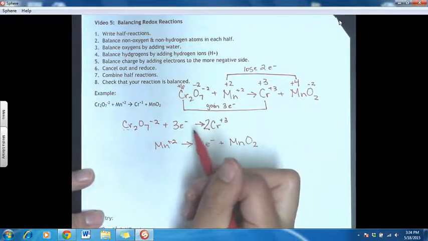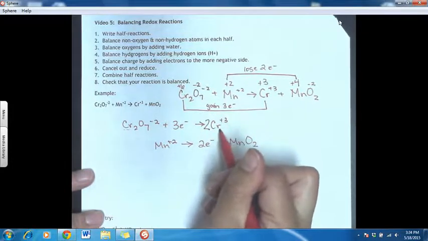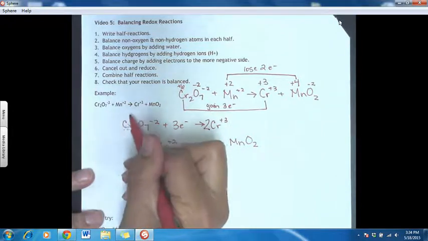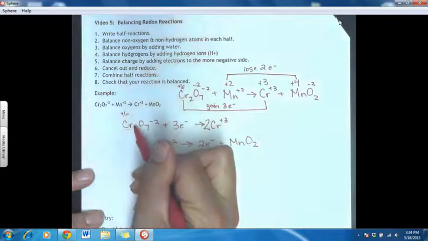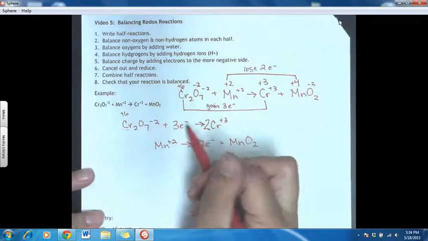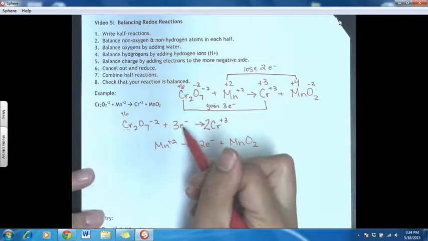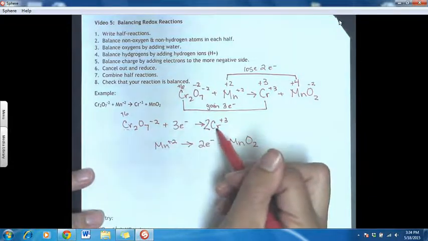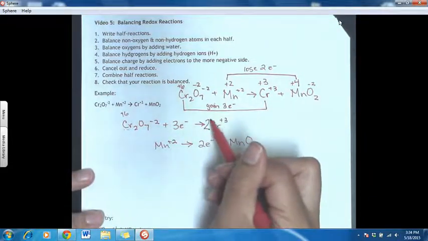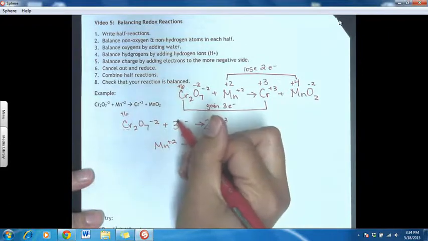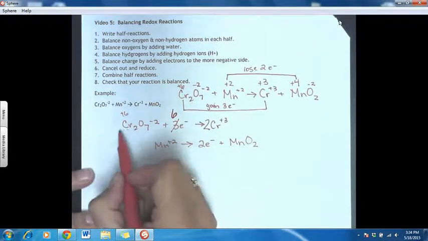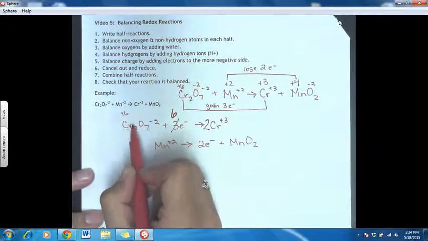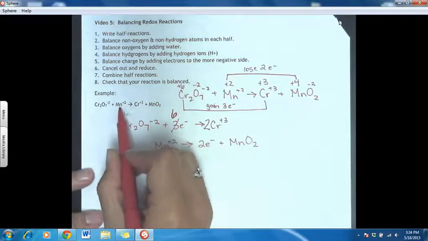So now I go back, and because I've doubled this here, I had 2 chromiums, each with a +6 charge. Each chromium gains 3 electrons to become chromium +3. But I'm becoming 2 here, so I need to double this to be 6. So that means I have the overall charge here of 6 times 2, so that's +12.